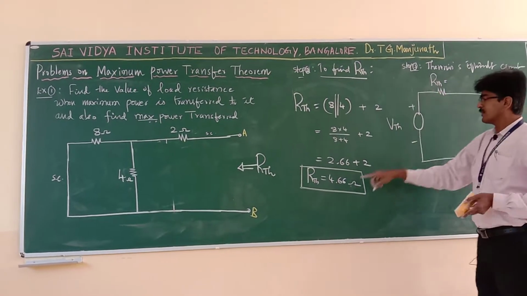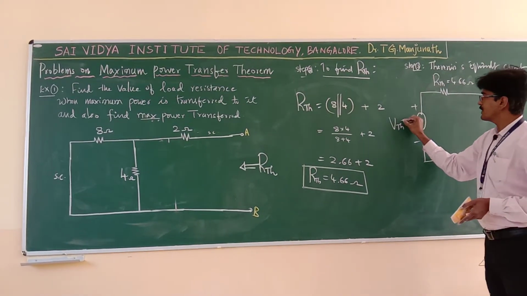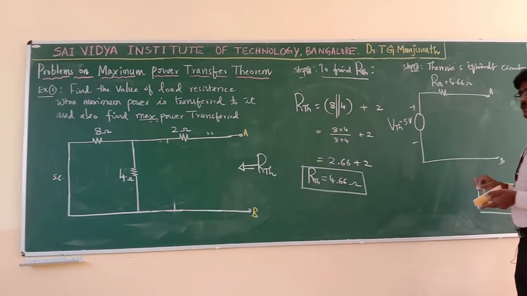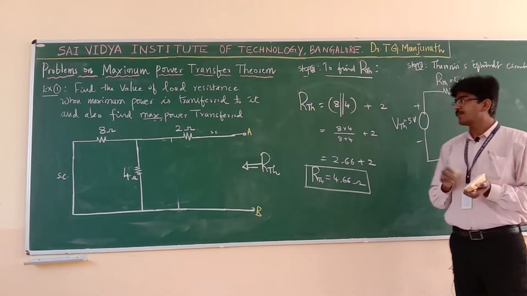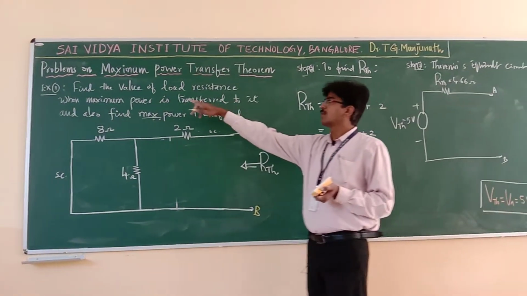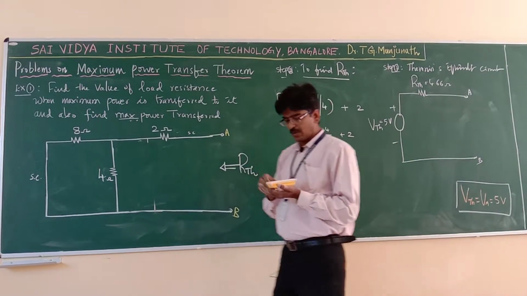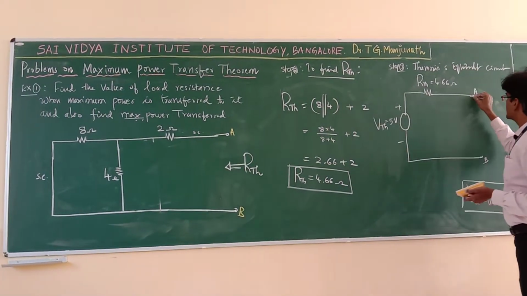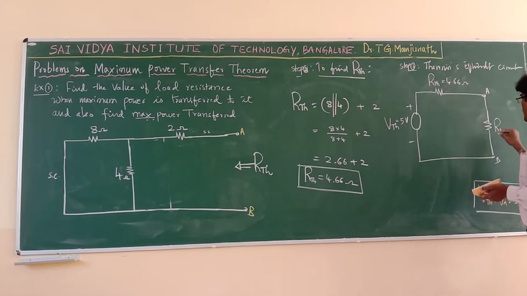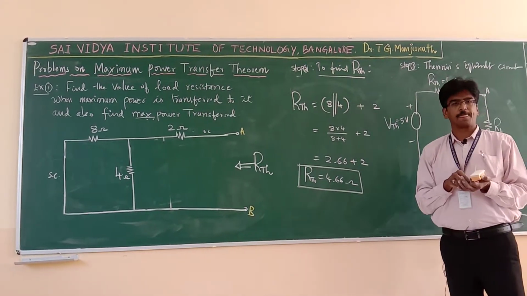So R Thevenin is what? 4.66 ohms. What is V Thevenin? 5 volts across AB. That is, you have converted the given network into Thevenin's equivalent circuit. What is your intention? You have to find the value of load resistance for maximum power transfer. So you have the load resistance here, then what should be the value of load resistance for maximum power transfer?